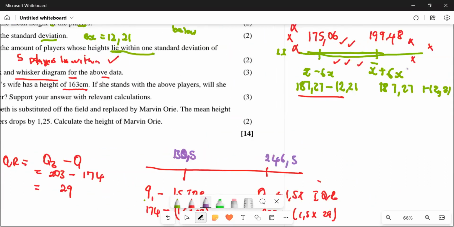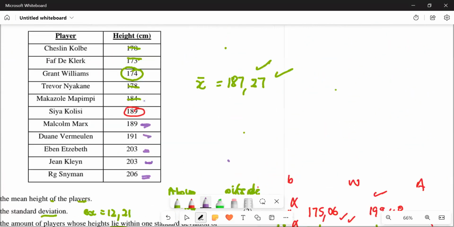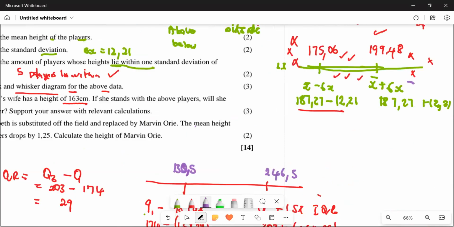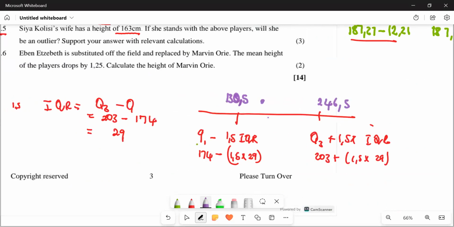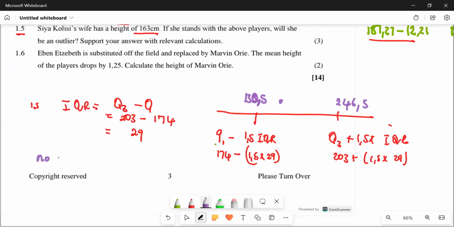Or if she stands with the people here. Oh, okay. Is she an outlier? No, she's within. This is the calculation that we're going to show them, and then we're going to tell them no, she's not an outlier.